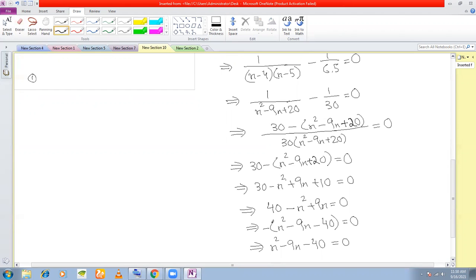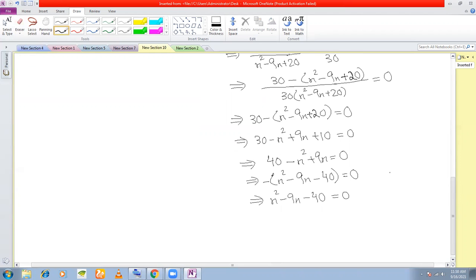Okay, now change accordingly. This should become minus 20. So you get 30 minus 20, you're getting 10 here. 10 minus n square plus 9n. So that now if you take minus out, you get n square minus 9n plus 10.